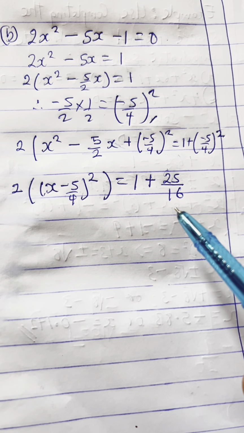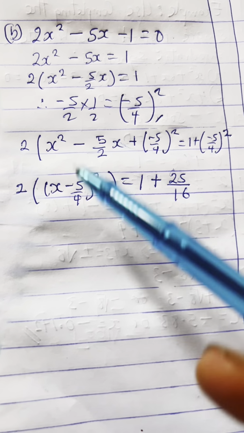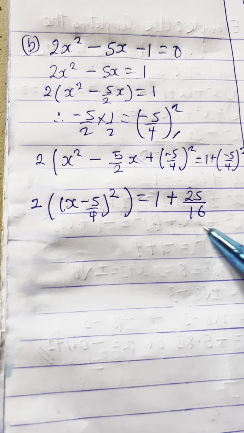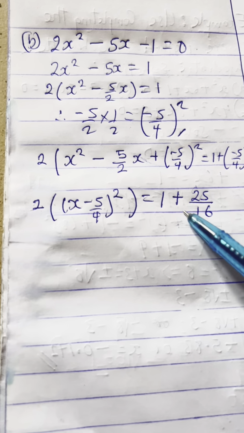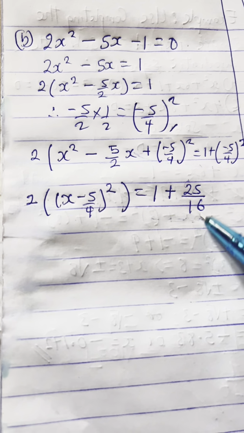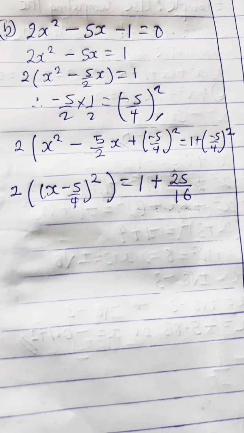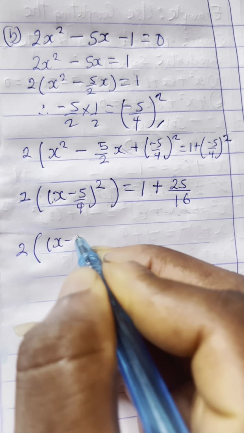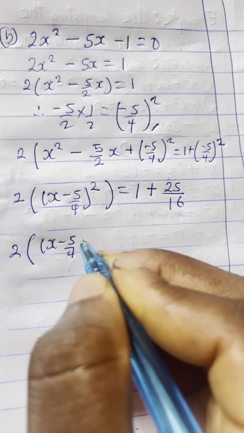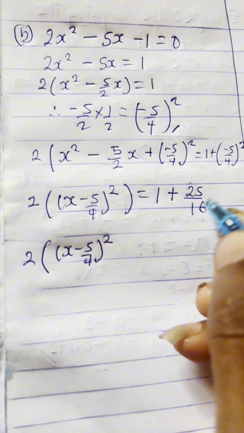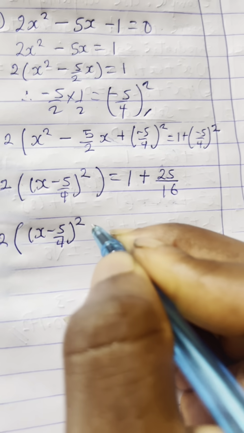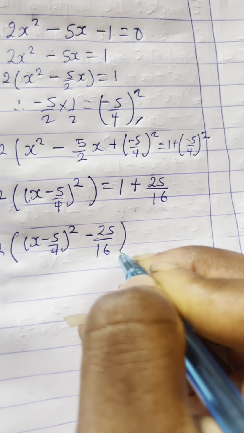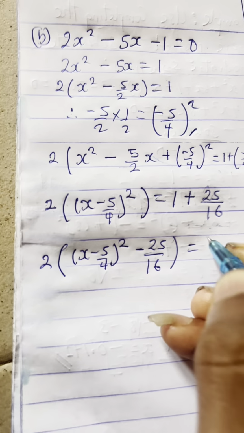don't forget that whenever you have this type of expression where you have a coefficient here, you must not simplify this expression. What you are going to do is bring this part inside this big bracket here. So this will now be 2 open bracket x minus 5 over 4 all squared, which is plus 100 over 16, make it inside this bracket, minus 25 over 16 close bracket equals 1.